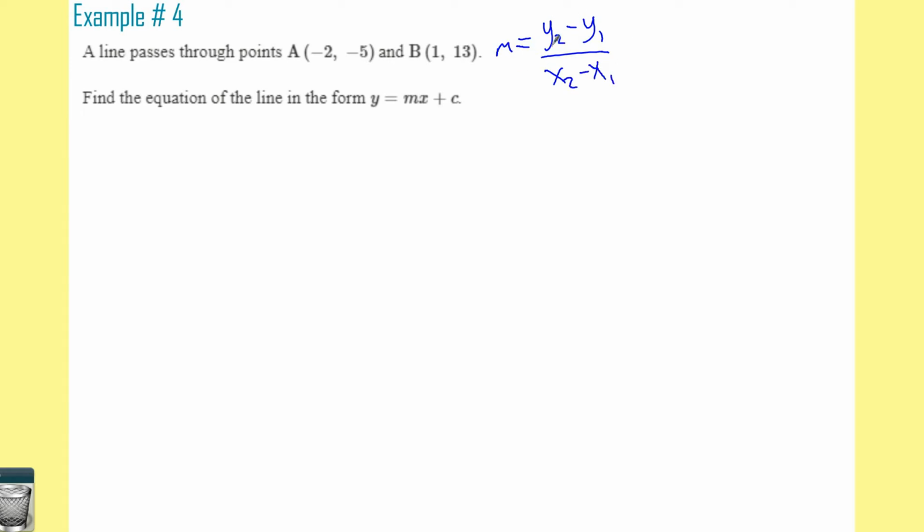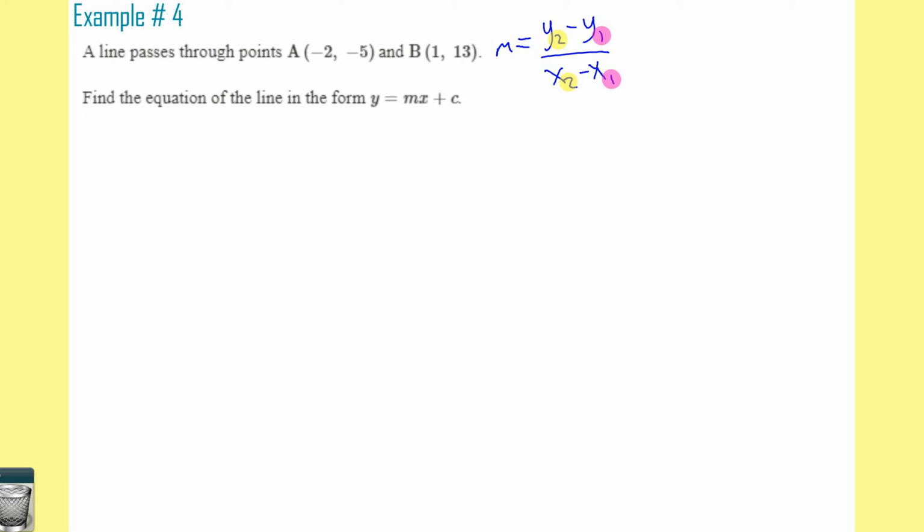The biggest thing I want to say about this is that I don't just do the second point minus the first point. I try to do it in my head by looking across. What I mean is that this x and y have to come from the same point, and this x and this y have to come from the same point.